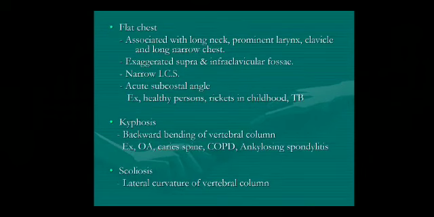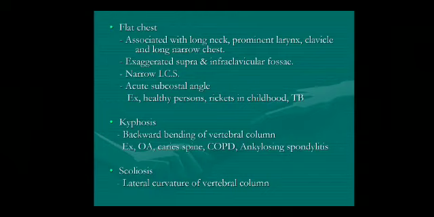One more is the flat chest. This is associated with a long neck, prominent larynx and clavicle, and a long narrow flat chest. The features are exaggerated supra and infraclavicular fossa, narrow intercostal spaces and acute subcostal angle.